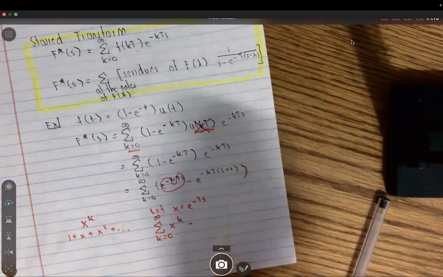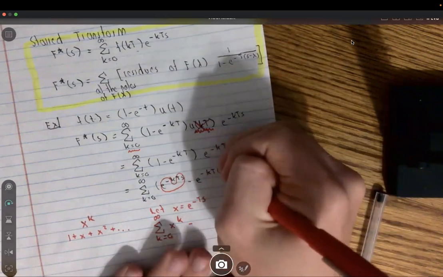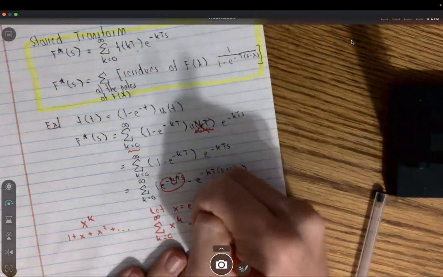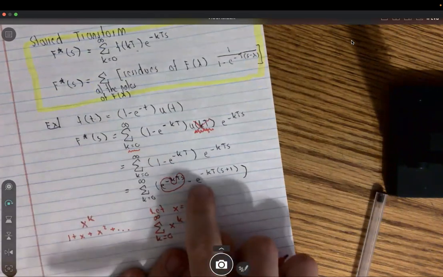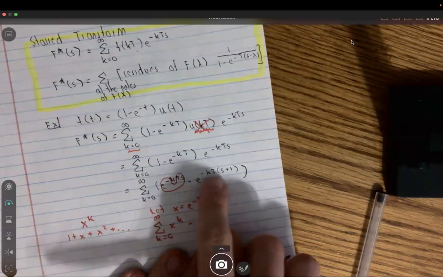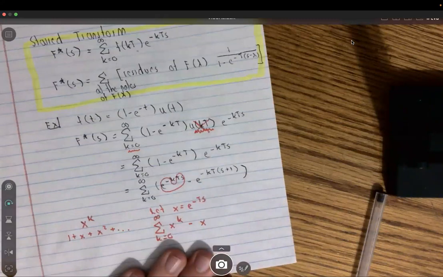And then, minus, if we take this one out, it'd be minus x, and then e to the negative T times (s plus 1), if we distribute that.